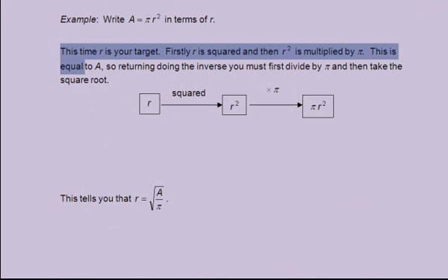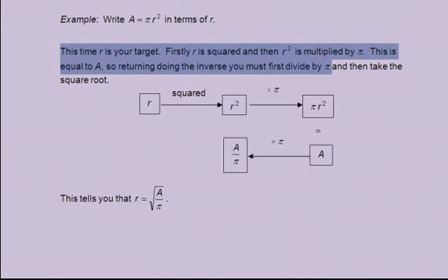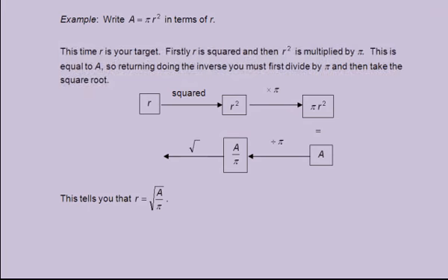This is equal to A. So returning, doing the inverse, you must first divide by pi, to give A divided by pi, and then take the square root. This tells you that r equals the square root of A divided by pi.